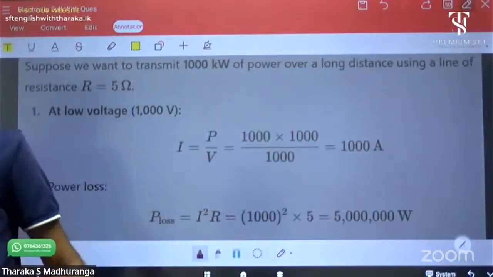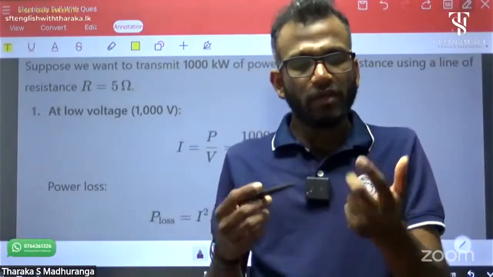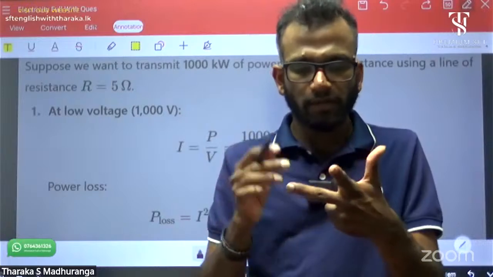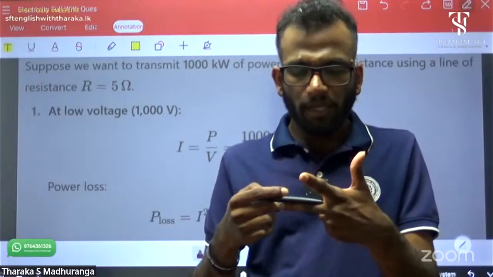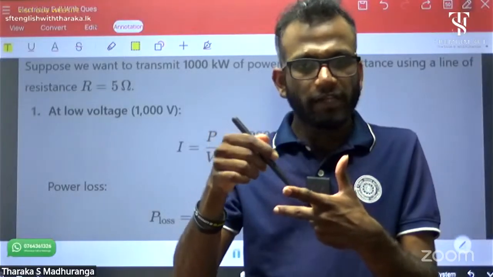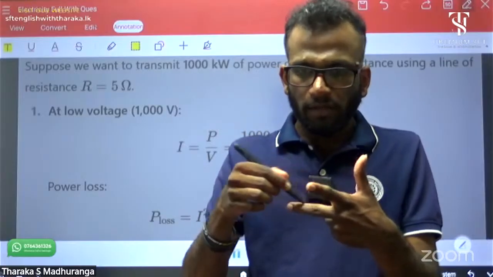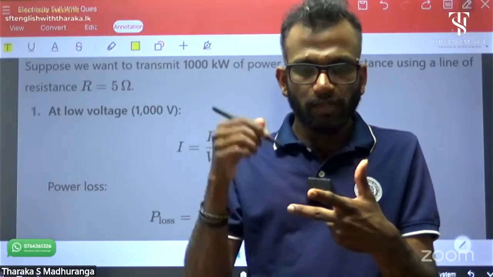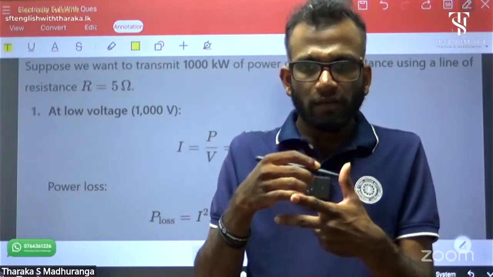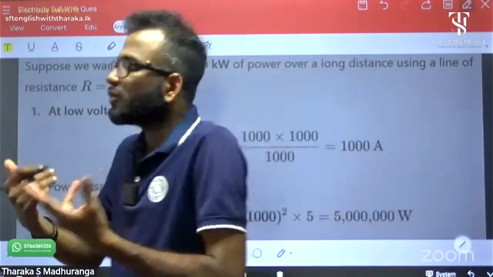You can write in your own words. In the left hand rule, the left hand middle finger, index finger, and thumb are kept perpendicular to each other. The index finger shows the magnetic field direction. The middle finger shows the current direction. The induced force direction is given by the thumb. That's all. In your own words, you can write.